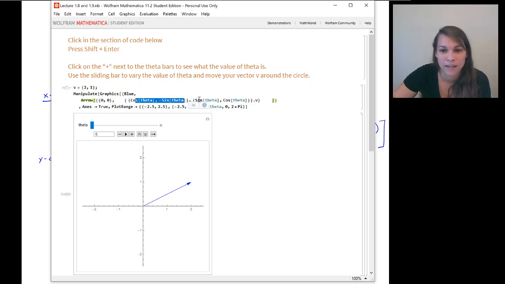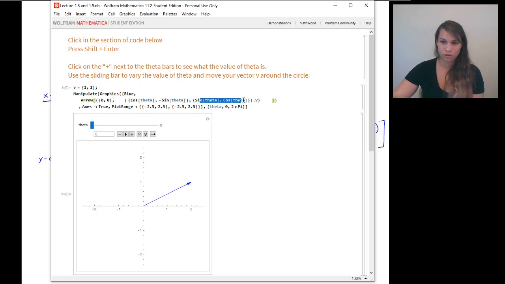This is row 1 of A. And then we have sine theta, cosine theta, which was row 2 of A. And then we're going to multiply that by any random vector v. And I decided on 2, 1 because that's what I typed in. So you take theta and you move it, and it's going to move your vector around the circle.